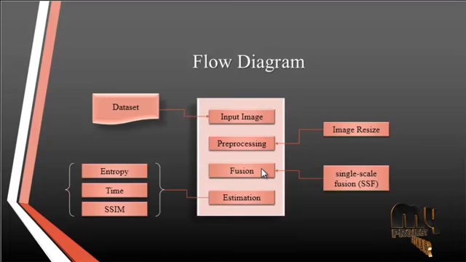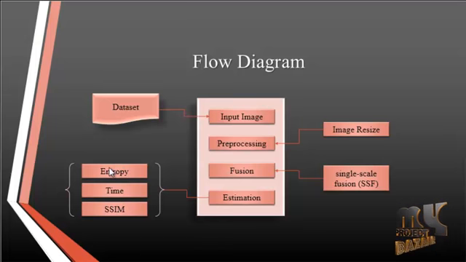In the fusion process, the image will be enhanced by using the algorithm single scale fusion, that is known as the SSF. By using this algorithm, the image will be enhanced. The data will be regained as an enhanced output. After getting the enhanced output, we have to estimate the parameters like entropy, time, and SSIM.